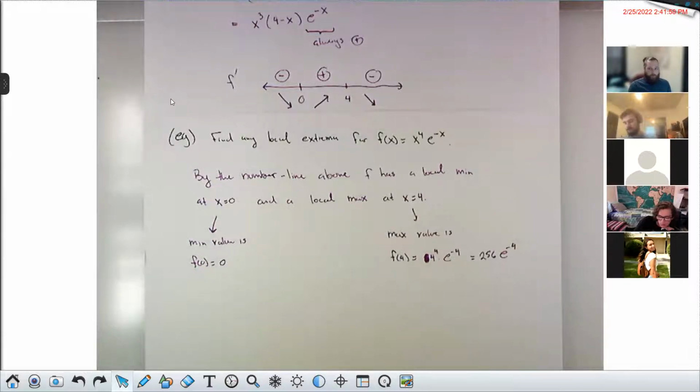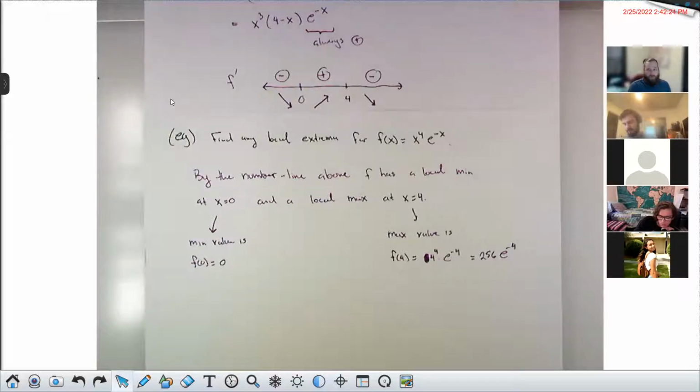Most of the time, the first derivative test is going to be your best friend when it comes to identifying local extrema, because usually that's a part of a procedure where you're trying to do other stuff, like find intervals of increase and decrease. There is another tool for identifying local extrema if all you care about is finding local extrema, called the second derivative test.